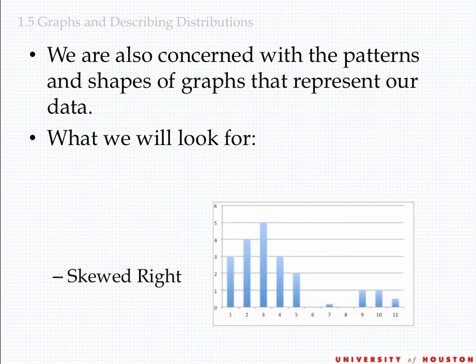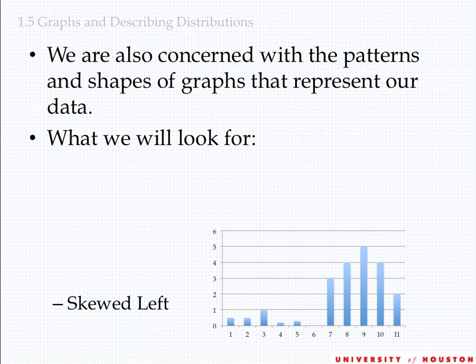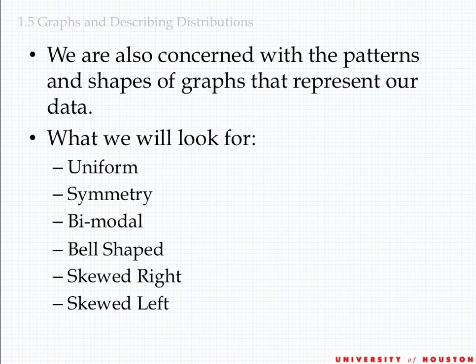Skewed to the right, where we have a lot of our data being on the left-hand side, but some large values that are pulling it to the right. We have a tail drag to the right side of our data. Or skewed left, where we have a tail of data sent to the left-hand side of our graph. All of these are very important traits that we need to watch for when we describe graphs of data.